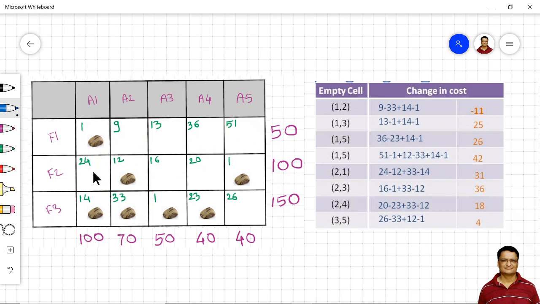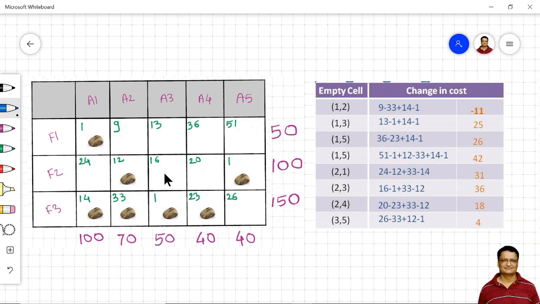Looking at this empty cell, you will get a very small loop like this, and it will give a value of plus 24, minus 12, plus 33, minus 14, and that will give the value of 31.